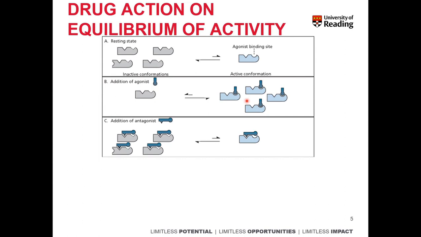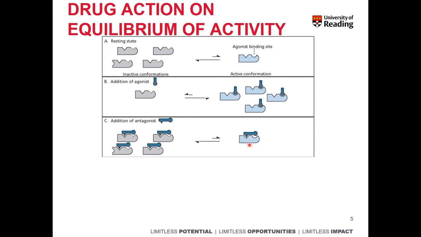Now the opposite happens if we add an antagonist. So if we add an antagonist, most of our receptors will be in the inactive conformation, but we'll still have a very small number that are able to flex to the active conformation. Now remember, the antagonist stops the natural messenger molecule from binding, but it doesn't stop the natural flex of the receptor.